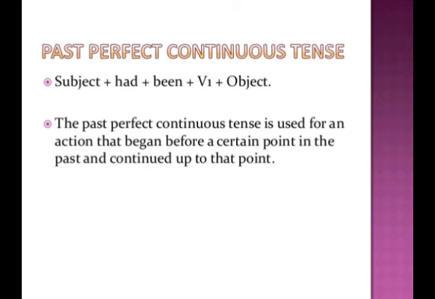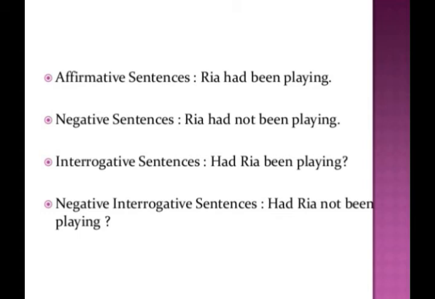The past perfect continuous tense is used for an action that began before a certain point in the past and continued up to that point, in which we use Ria had been playing. Here it's a positive or affirmative sentence. The next one is Ria had not been playing. It's a negative sentence. See, here it's perfect continuous.